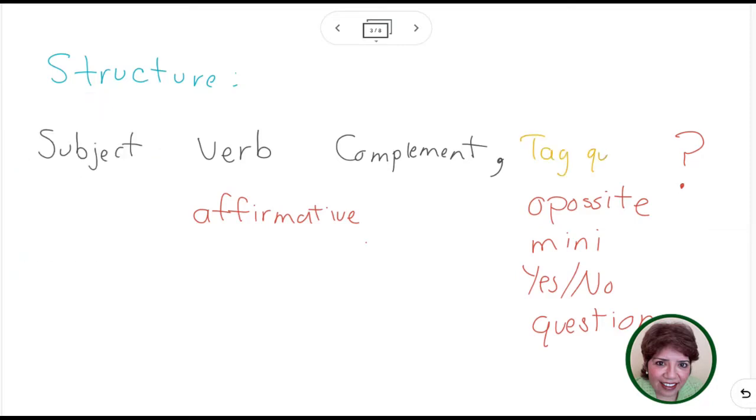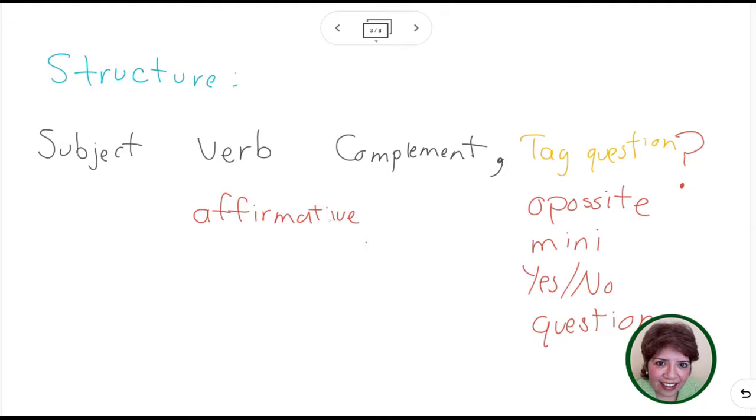The tag question. And to write the tag question, we need to be careful to focus in the sentence. If the sentence is affirmative, is positive, then the tag question is going to be the opposite.